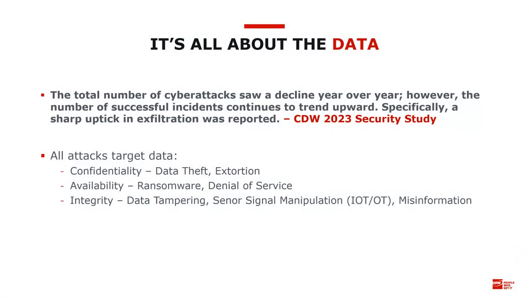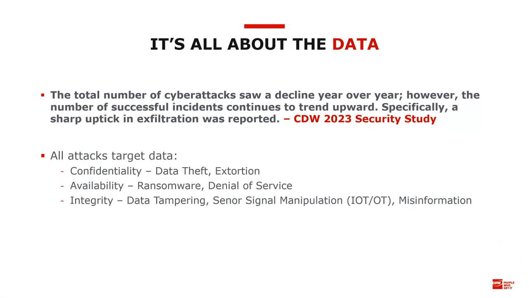So as a reminder, what we focus on at the end of the day, when we're talking about threats to our organizations, is really all about the data. And again, there's that highlighted finding from our security study that data exfiltration is really on the rise when we talk about cybersecurity incidents, and we're talking about attacks to data.